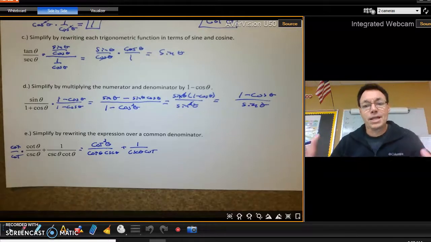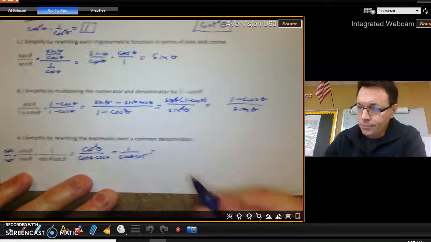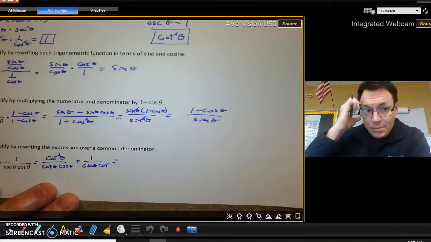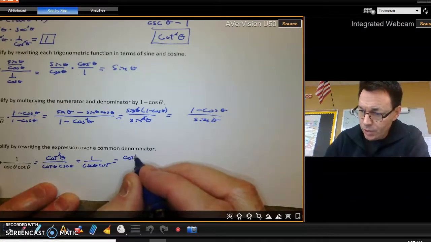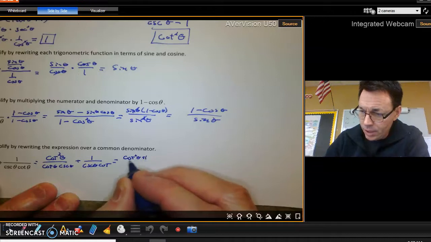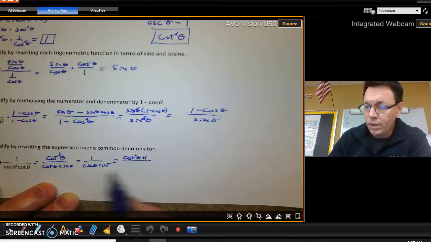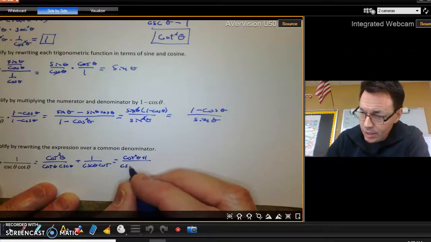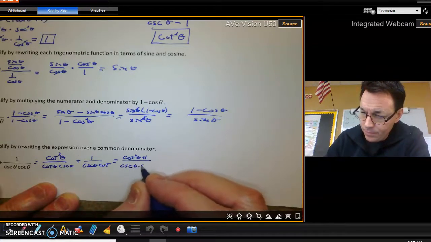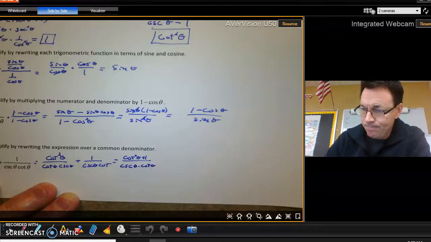So that means I can add them together. All right. So if I add them together, I'm going to add the numerators, cotangent squared plus 1. And then this is going to be over this common denominator, cosecant cotangent. All right. Well, we did what they told us to do.